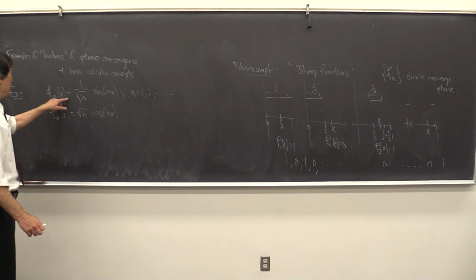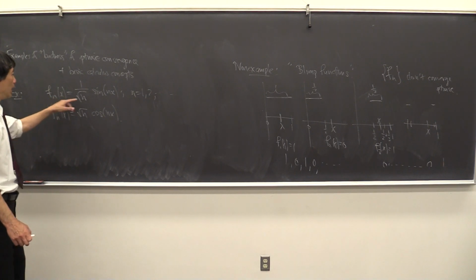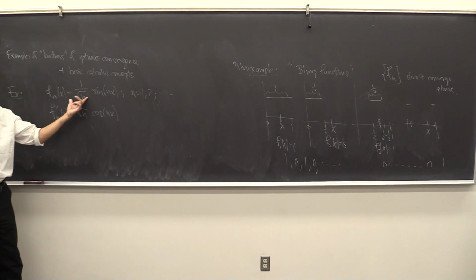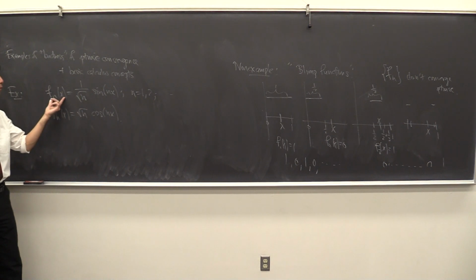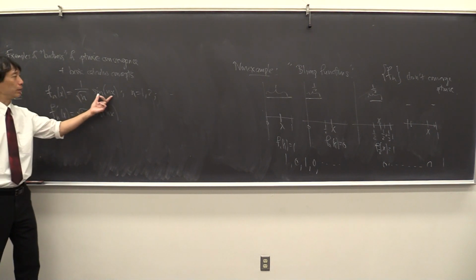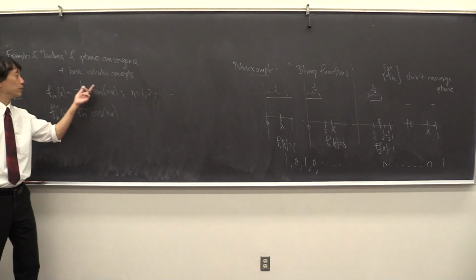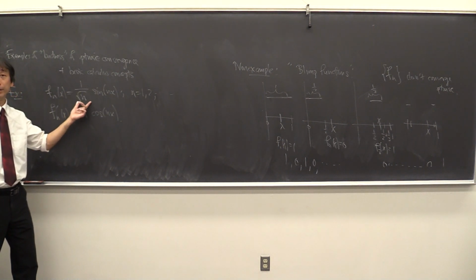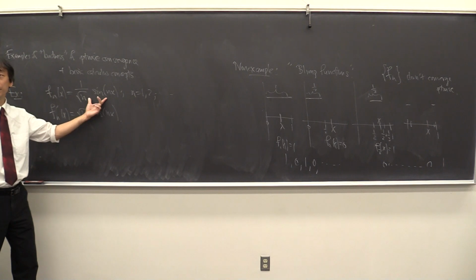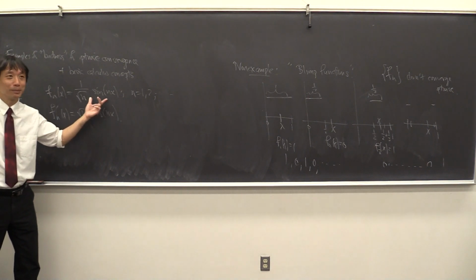Now, if you take the limit of these functions, what happens? What's the pointwise limit of the f sub n's? You've got a bunch of sine functions divided by the square root of n. As n goes to infinity, what's going to happen? Anybody have an idea?